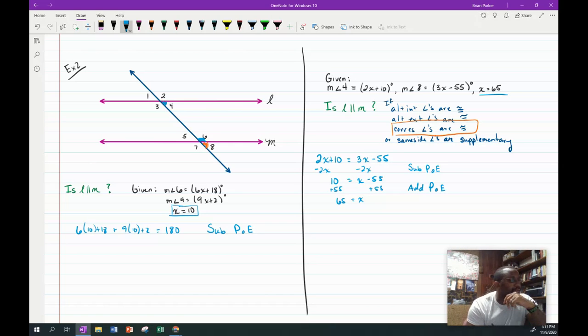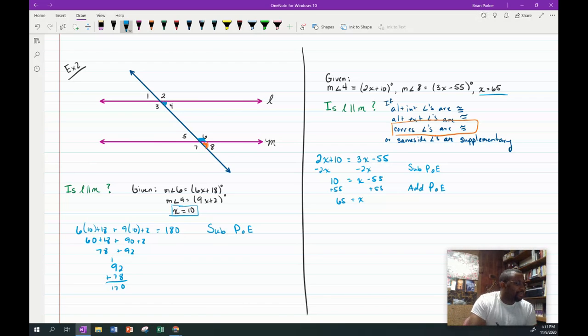We just used the value of x before we added everything together. And so now that's going to be 60 plus 18, which is 78. And that's going to be 90 plus 2, which is 92. And we're simply asking, is 92 plus 78 equal to 180? And we will find, that's 170.